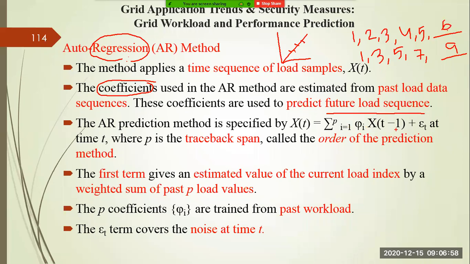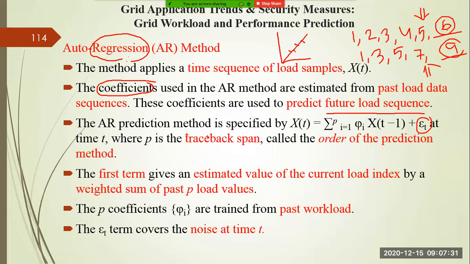Then x_(t-i) is the previous value, like in this case 6's previous value is 5, or 9's previous value is 7. Plus epsilon_t at time t. This epsilon_t is nothing but the noise or error, or you can say some variation, for which we have added this term.